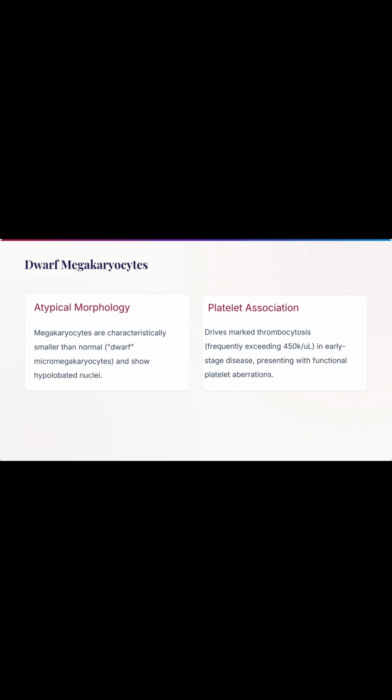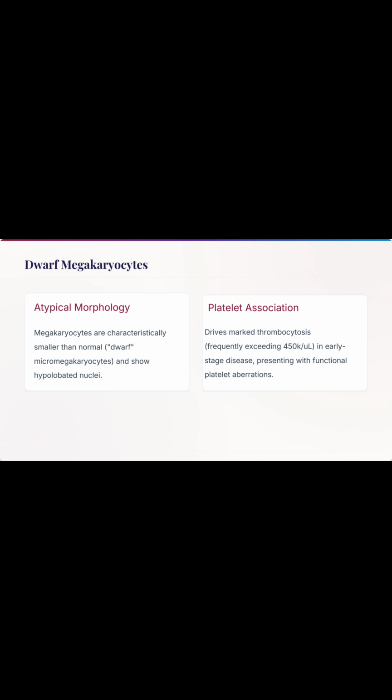Dwarf megakaryocytes. Atypical morphology. Megakaryocytes are characteristically smaller than normal and show hypolobated nuclei. Hence, they are called dwarf micromegakaryocytes.